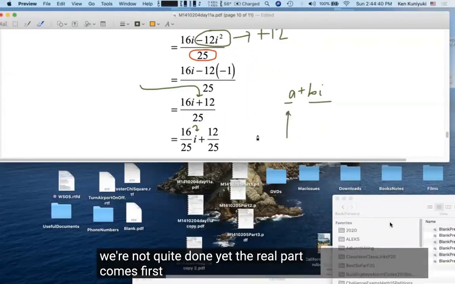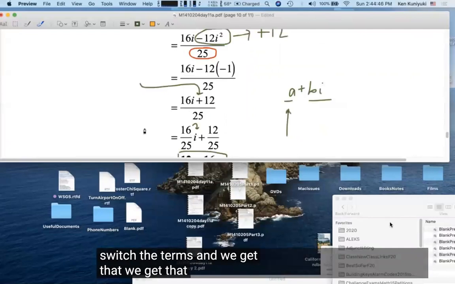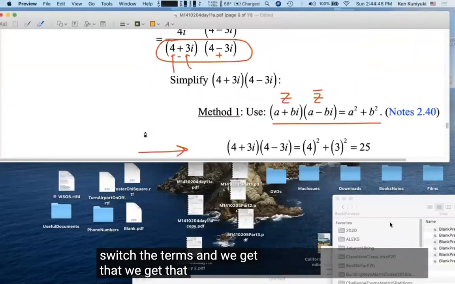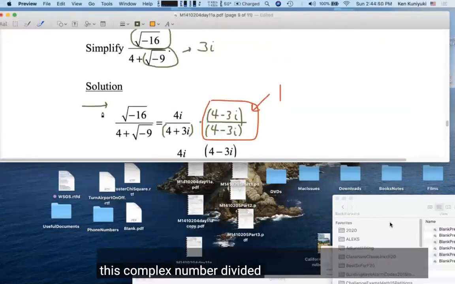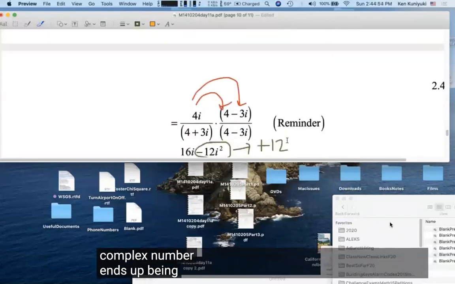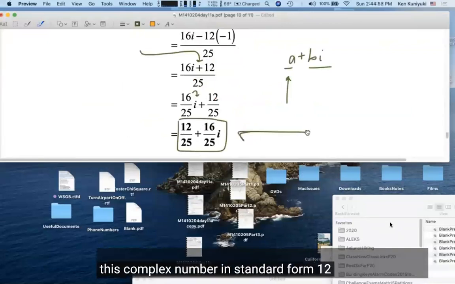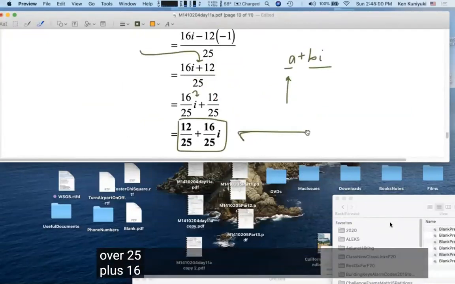The real part comes first. Switch the terms, and we get that. This complex number divided by this complex number ends up being this complex number in standard form: 12 over 25 plus 16 over 25 times i.